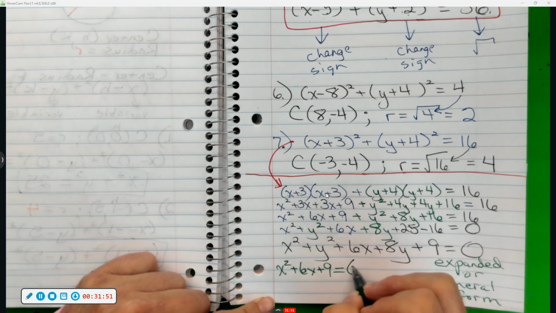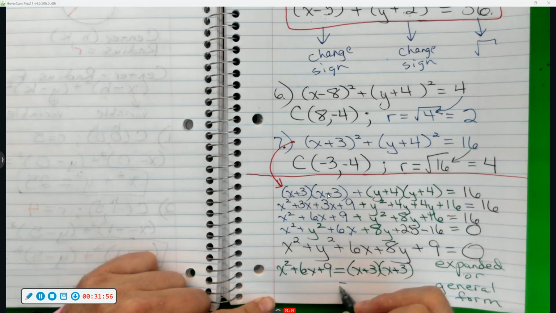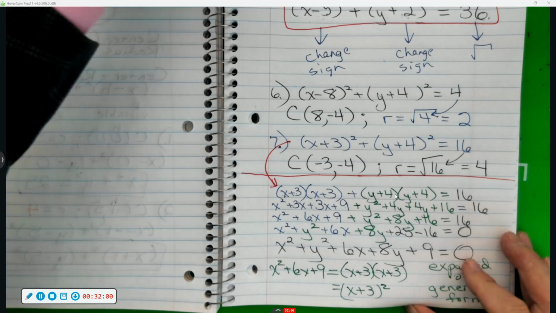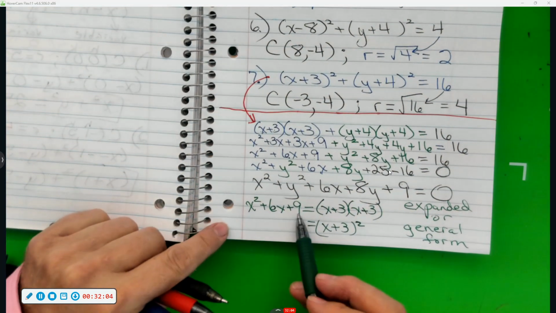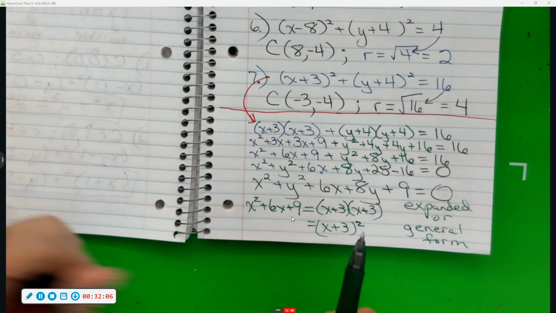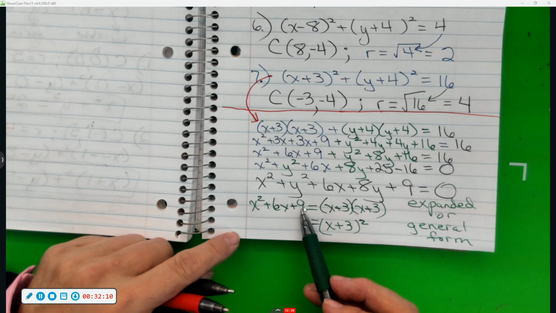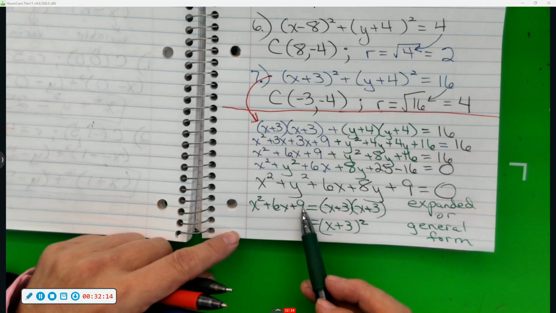That can factor as x plus 3 times x plus 3, which is x plus 3 quantity squared. That's what I mean by a perfect square trinomial. Perfect square trinomial, here's one thing you want to remember. A perfect square trinomial had better have a perfect square as that last number there. You're going to have a perfect square.